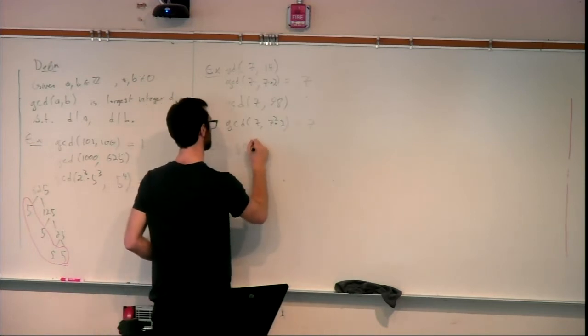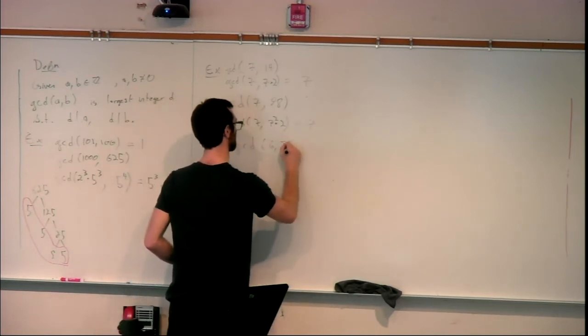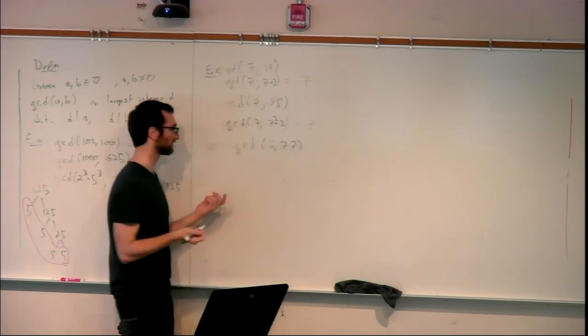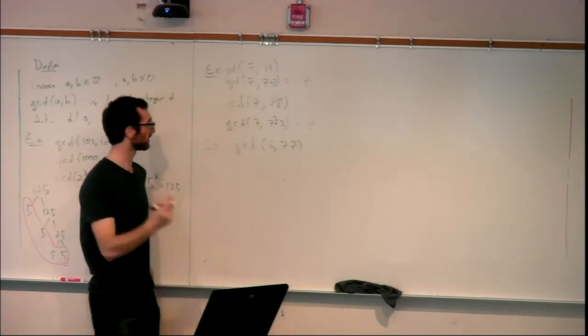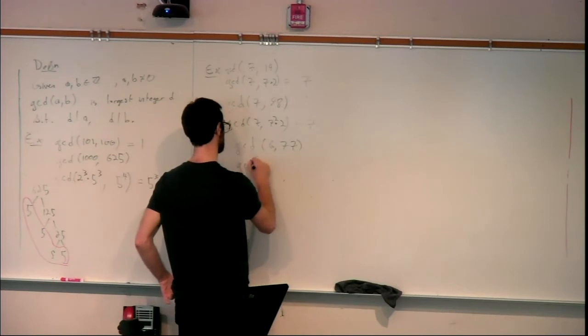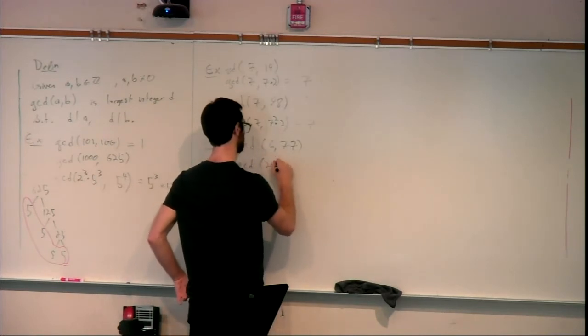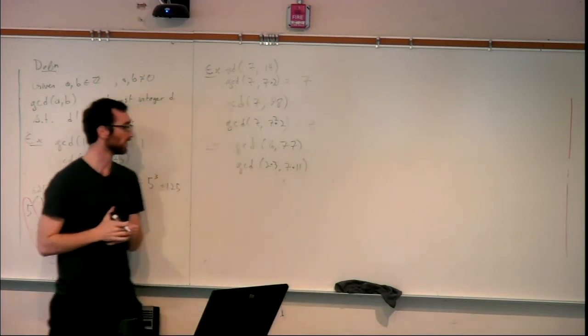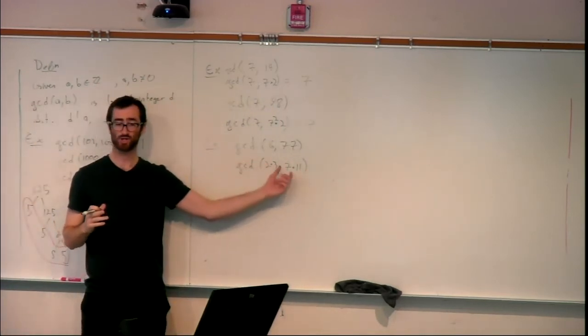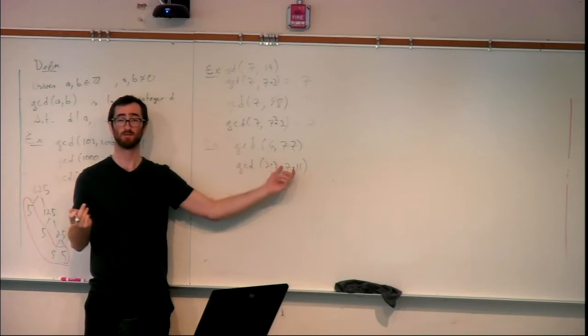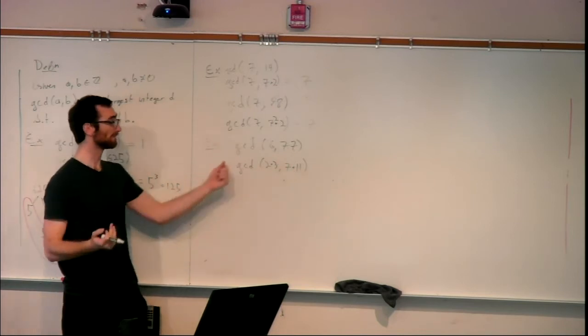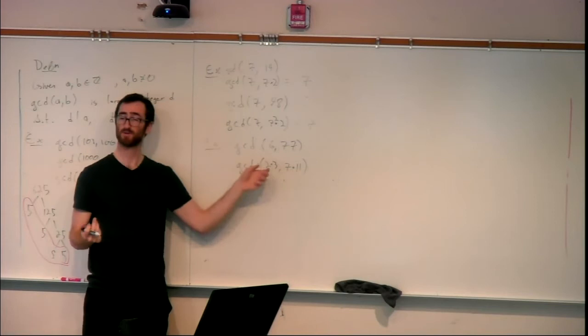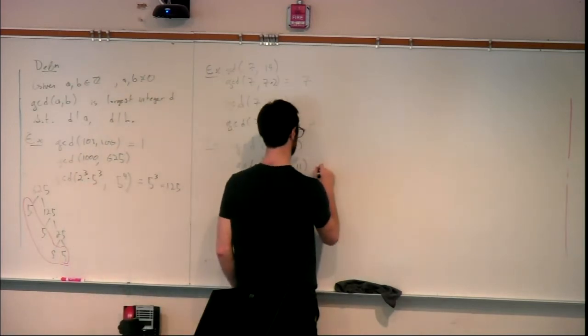So let's look at the GCD of 6 and 77. Once again, I can very quickly do the prime factorization of these numbers. This is the same thing as the GCD of 2 times 3 and 7 times 11. So notice these two numbers share no primes in common. So the only possible number that could divide both of these is equal to 1.